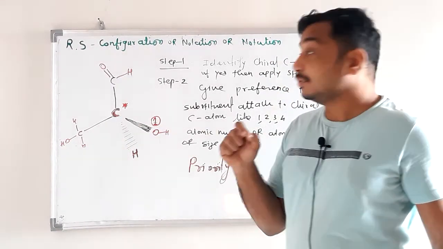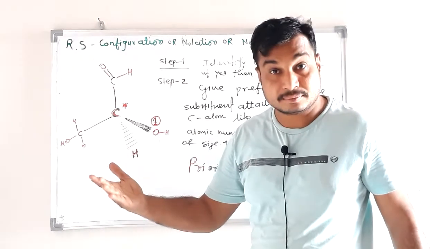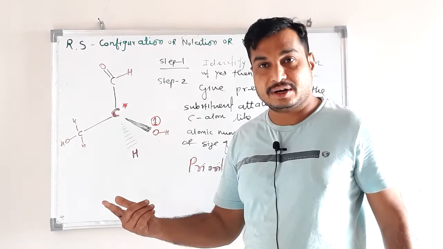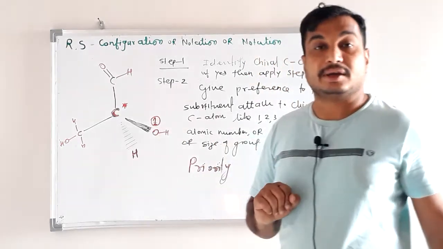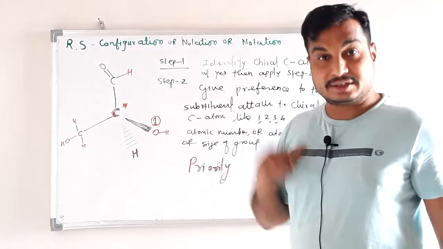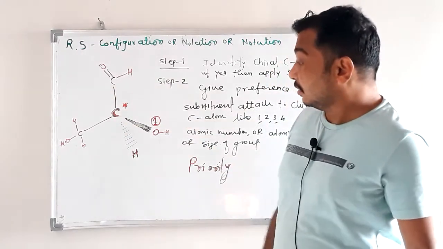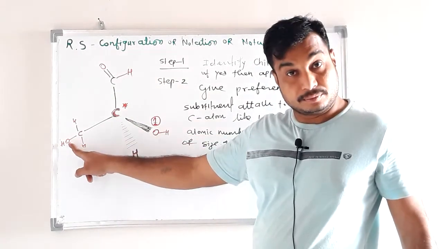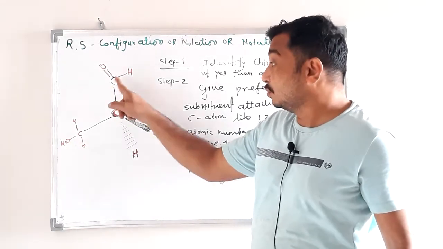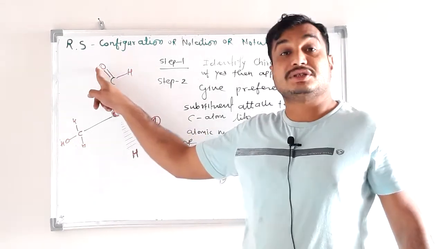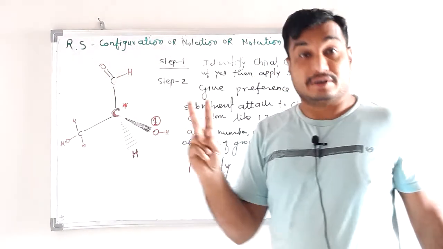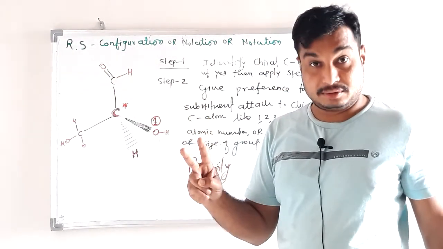Then we have to identify the next atom. Now consider the next carbon, carbon. This carbon is attached to 2 hydrogens and 1 OH group. This carbon is attached to 1 hydrogen and 1 oxygen, but this oxygen is attached to carbon by a double bond.